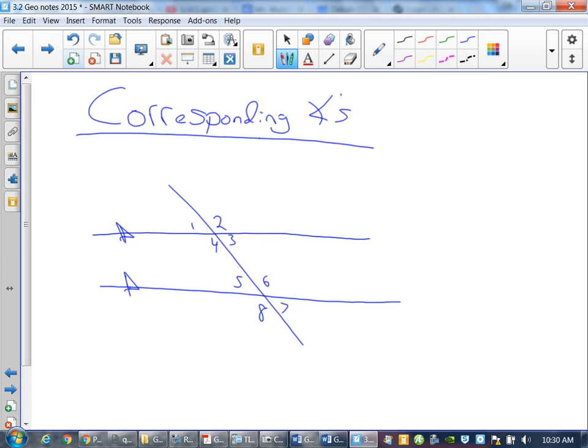Corresponding angles are just angles that are in the same position. So angle 2 has the same position as what angle of the 4 below it? 2 and what? 6. 2 and 6 correspond to one another. They're in the same position on the lines.